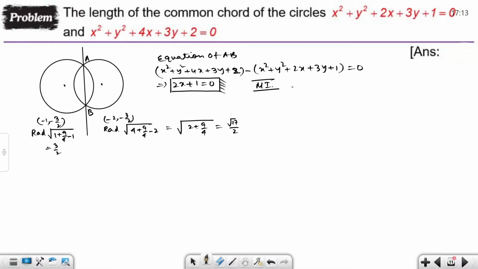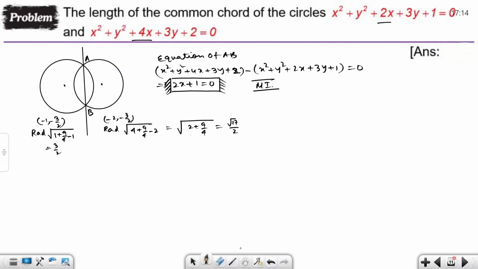The moment you have the extremities of AB, you can simply apply the distance formula to get the value of AB. Am I correct or not? If you solve this equation with any of these given two circles, you are going to have the point of intersection. So the moment you have the point of intersection, it means that you know A and B. And if you know A and B, you can easily find out by using the distance formula what is the distance. This is one way of doing the sum.